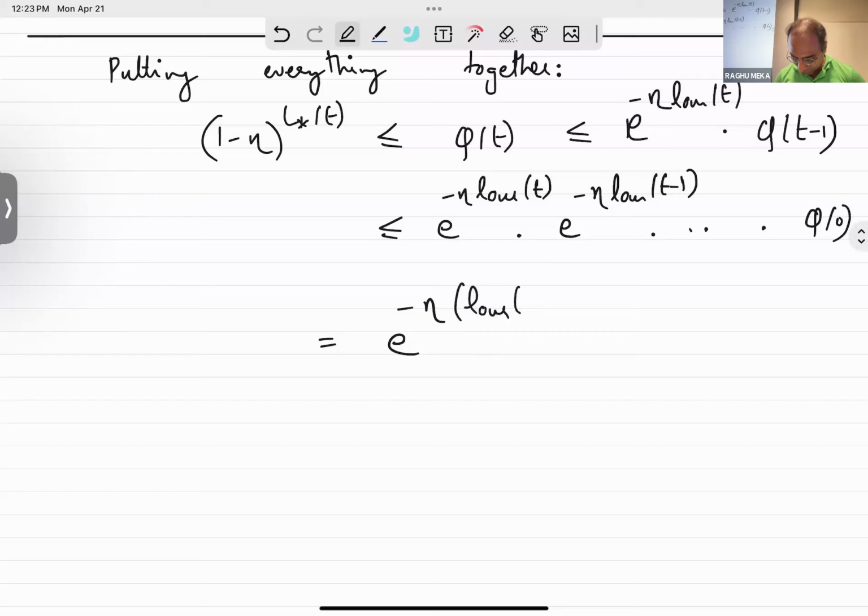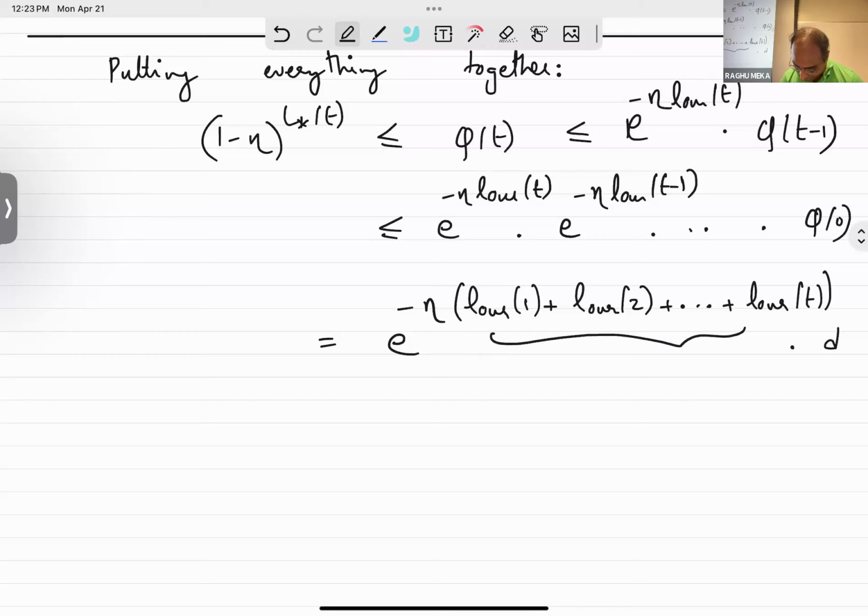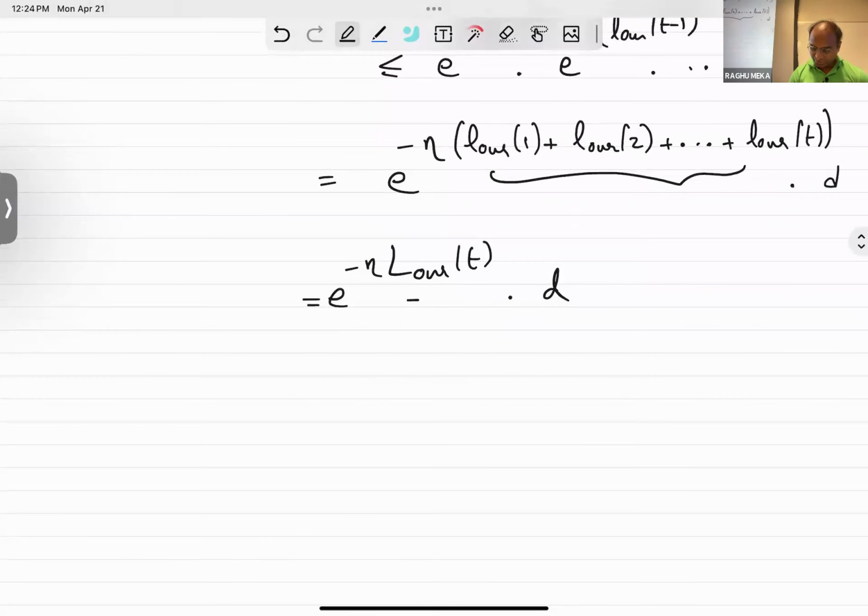The loss we incur on day 1, the loss we incur on day 2, the loss we incur on day t, times b. Okay. So which is our total loss. So we just have this very nice inequality everywhere. So this is our total loss.